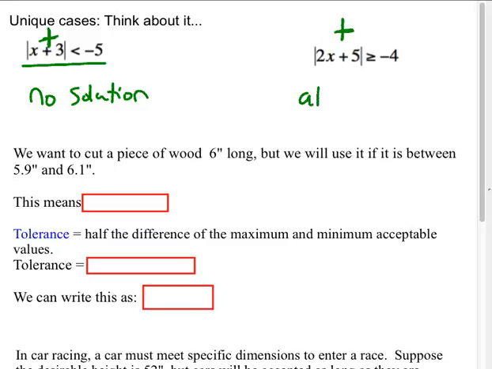So this is another one of those all real numbers. It actually doesn't matter what x is. Whatever x you put in there, that absolute value is going to be positive, and any positive value is obviously going to be greater than that -4.